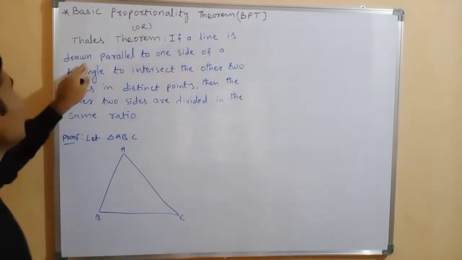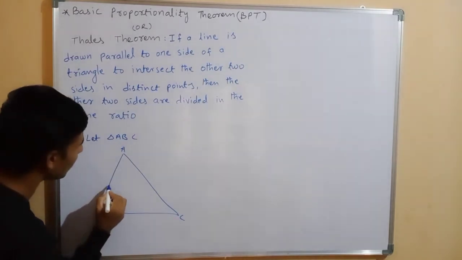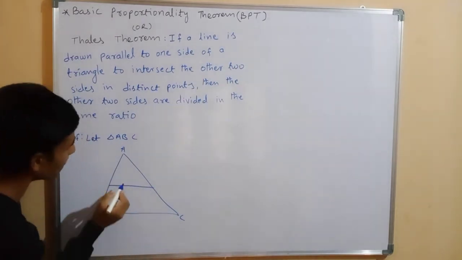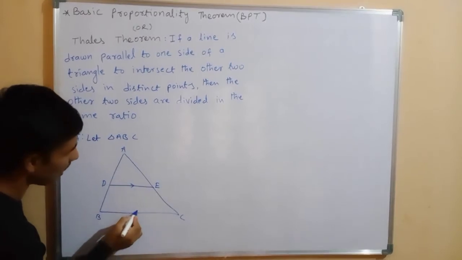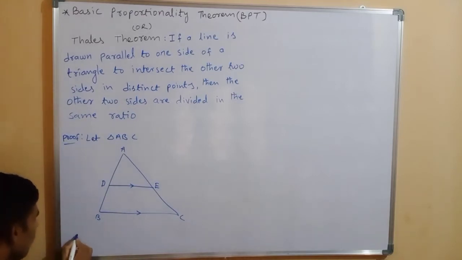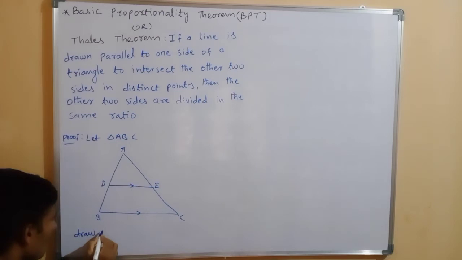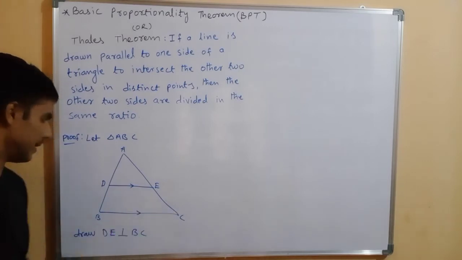If a line is drawn parallel to any one side of a triangle. So I am drawing one line parallel to BC, and I take it as DE. So I draw DE parallel to BC.